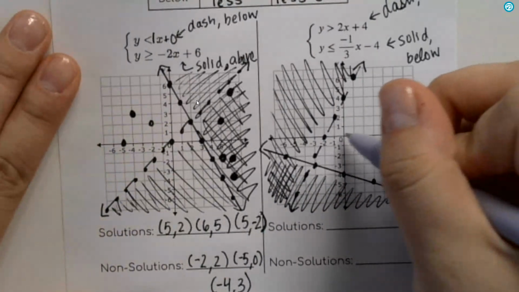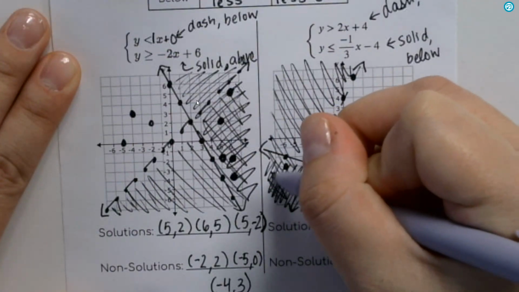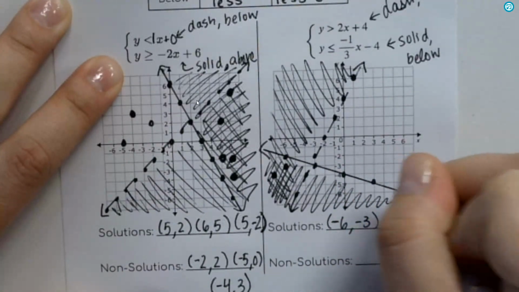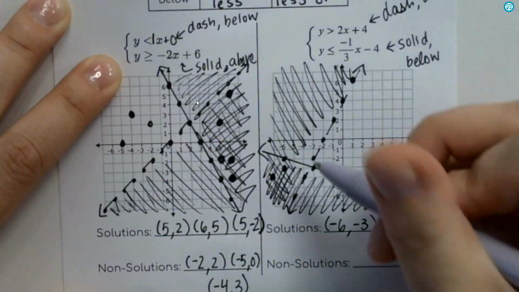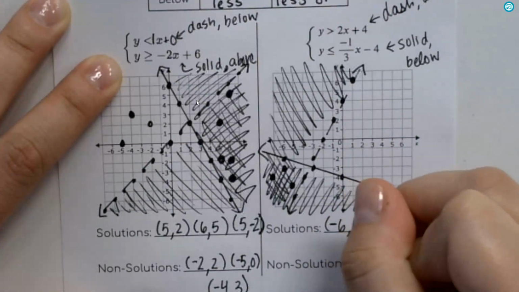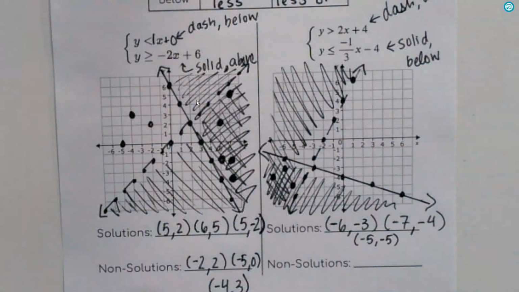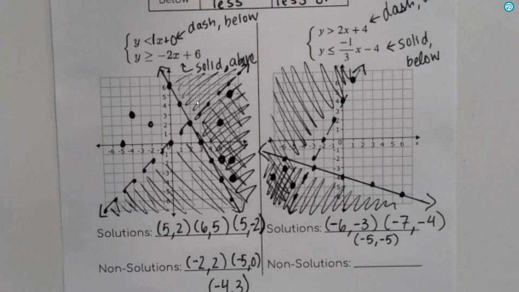So for solutions, I can do -6, -3, -7, -4. Not many of them, but there's plenty. Now let's do -5, -5. Okay, I'm a big fan of working smarter, not harder.